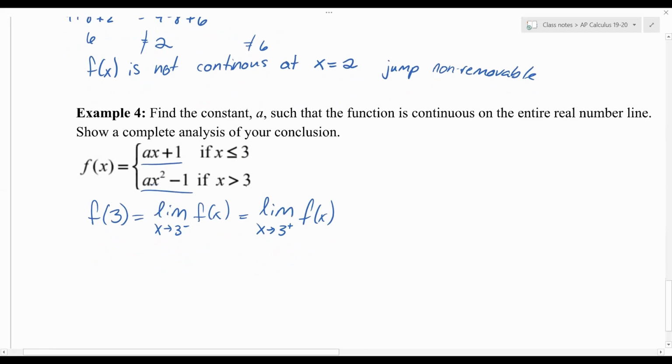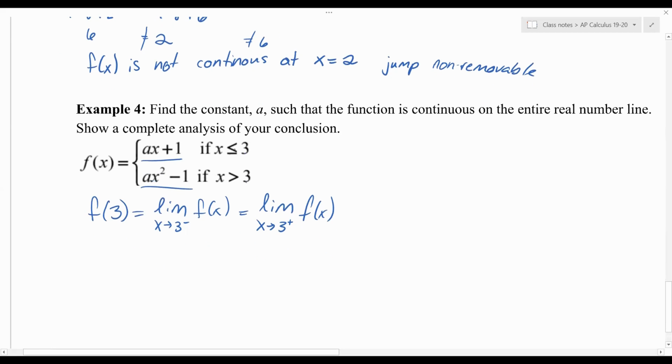So if we're plugging in here, to find f of 3, we have less than or equal to here. So we can use the first one. A, remember, x is what we're plugging into. A times 3 plus 1. So that will be 3a plus 1. And the limit from the left, that's less than 3. Well, that's going to be the same.